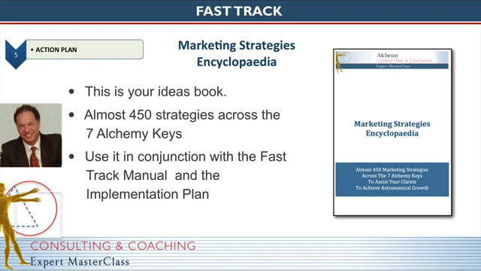Going over the page, there's another one for section 2 showing you all the different ways of boosting conversion rates, and so on and so forth. There's also a little section before the strategies themselves on how to use the encyclopedia.